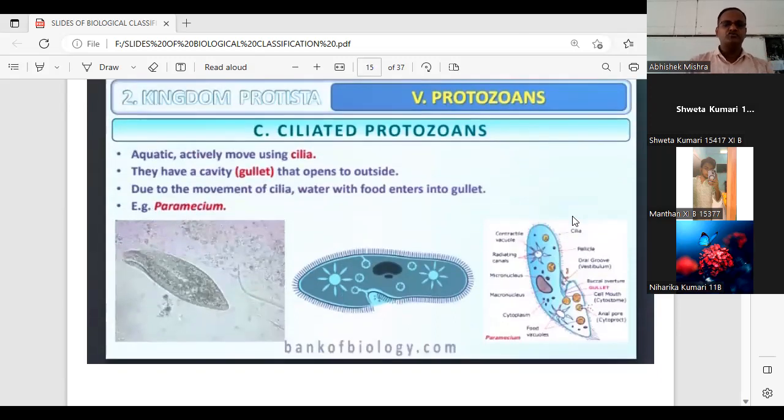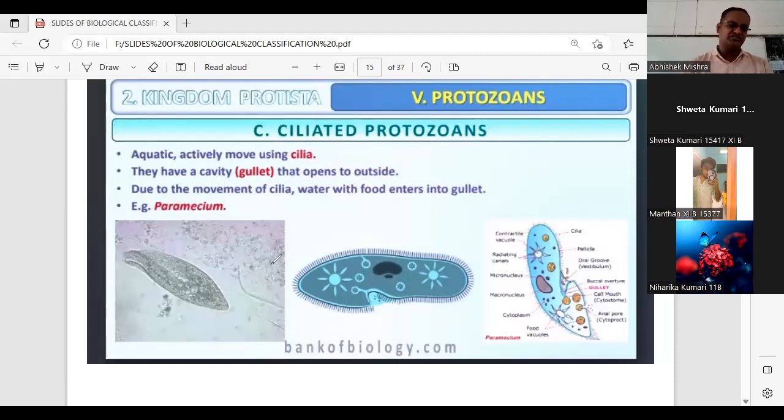The ciliated protozoans are aquatic and actively move using cilia. They have a cavity called the gullet that opens to the outside. Due to the movement of the cilia, water with food enters into the gullet. Example, the Paramecium. Students, if you can recall the example, then automatically the name will come to your mind.